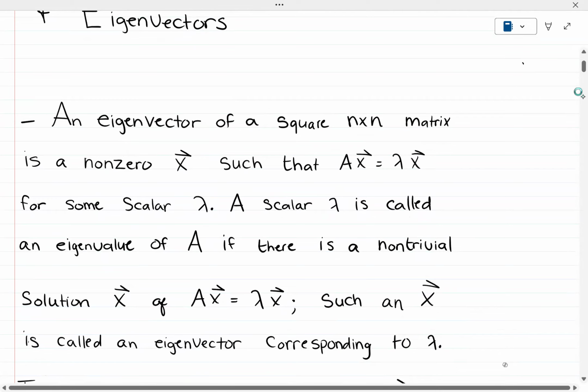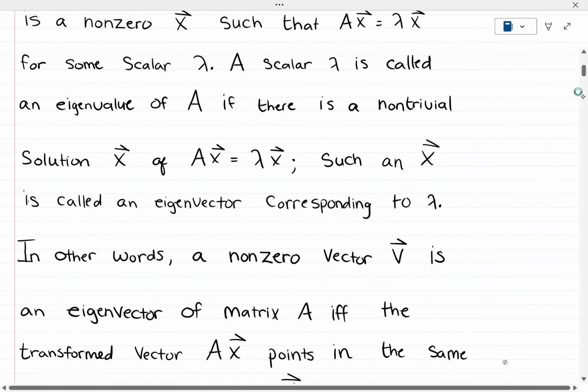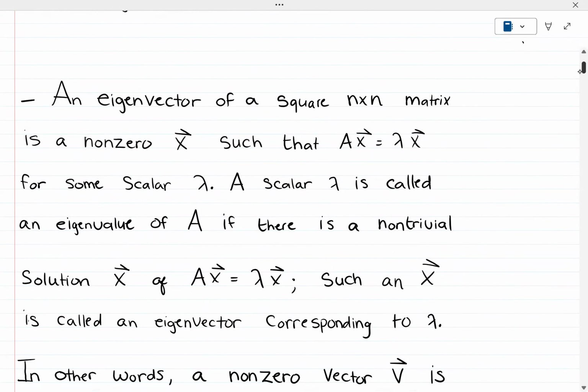An eigenvector of a square n by n matrix A is a non-zero vector x such that A times vector x is equal to lambda times vector x for some scalar lambda.